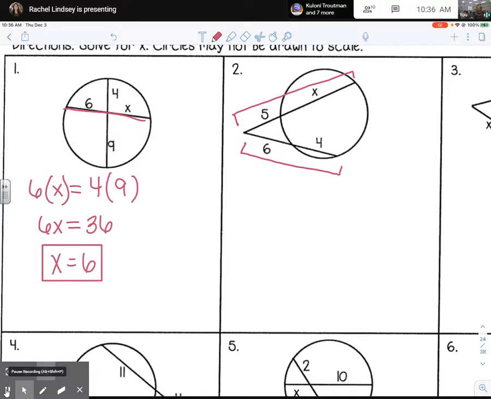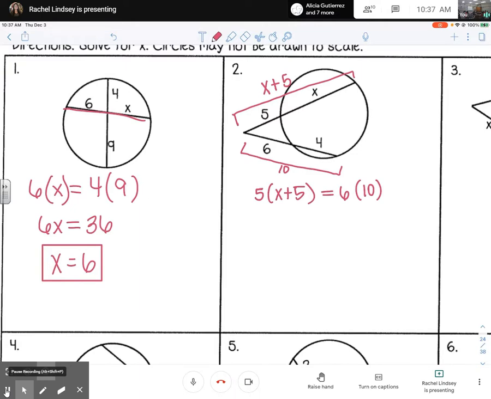On number 2, I have my top line. What's my outside? On the top line, 5 is, and then my whole would be what? X plus 5. Then what's my outside on the bottom line? 6, and then what's the whole? What happens if you multiply x by x? So distribute the 5.